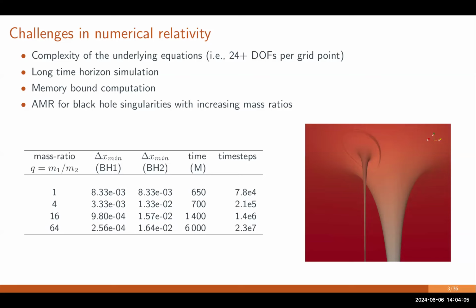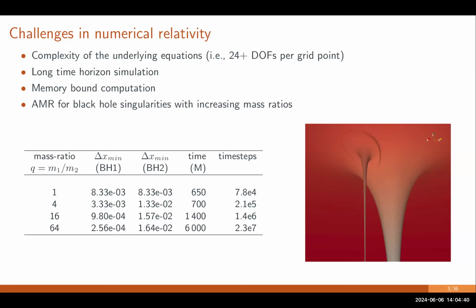The other challenge is doing large mass ratio binary simulations. I've put here the mass ratio of the binary and the reasonable resolution requirements to keep for the smaller black hole and the larger black hole. If you're starting from not a large separation distance, say 8M separation distance, these are the time to merger, and these are the number of time steps.